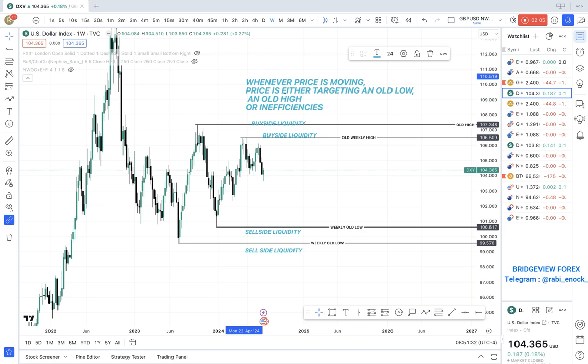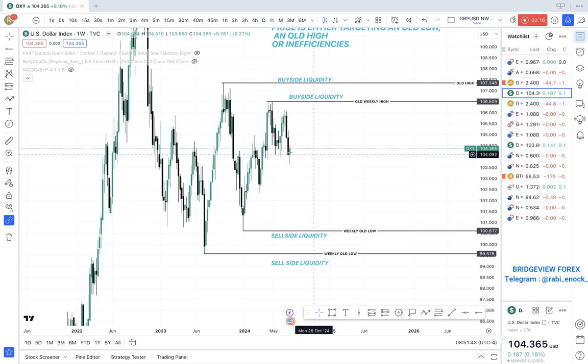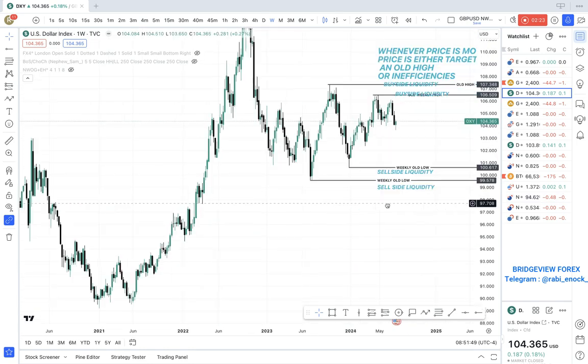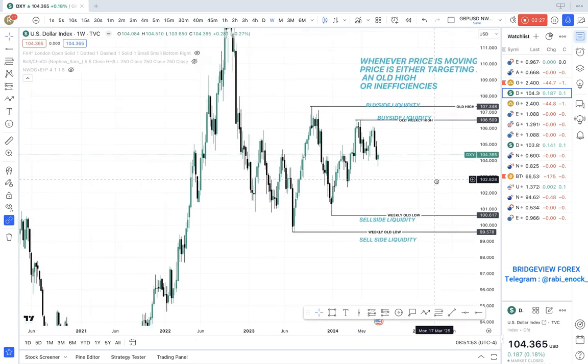So whenever price is moving, it is either targeting an old high, an old low, or inefficiency. So let's see something. Let's start from this day.